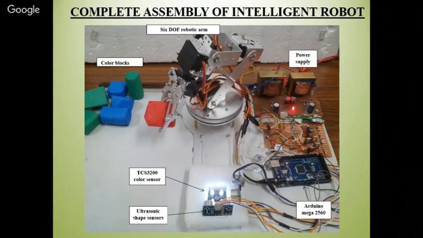A 2 ampere power supply: a dedicated 1 ampere for the servo motors, and half ampere for the Arduino board and the rest for the sensors. Okay, because previously I used one power supply, then there was a current problem, less current in the circuit and it was not working properly. So I have made 2 power supplies, with a dedicated power supply for the servo motor robotic arm.